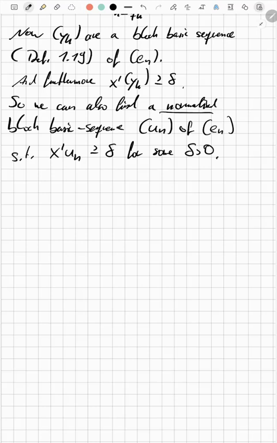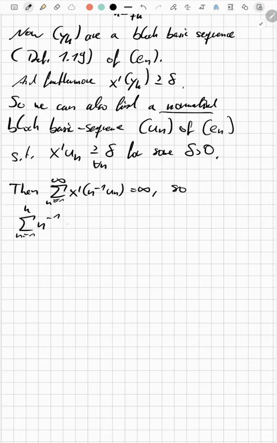But we can now also find one for a normalized block basic sequence. And this right here goes for all n. And then this sum diverges. So this is infinite. So this sum right here is divergent in J, so with respect to the norm that we decorate with this little a. So a divergent.